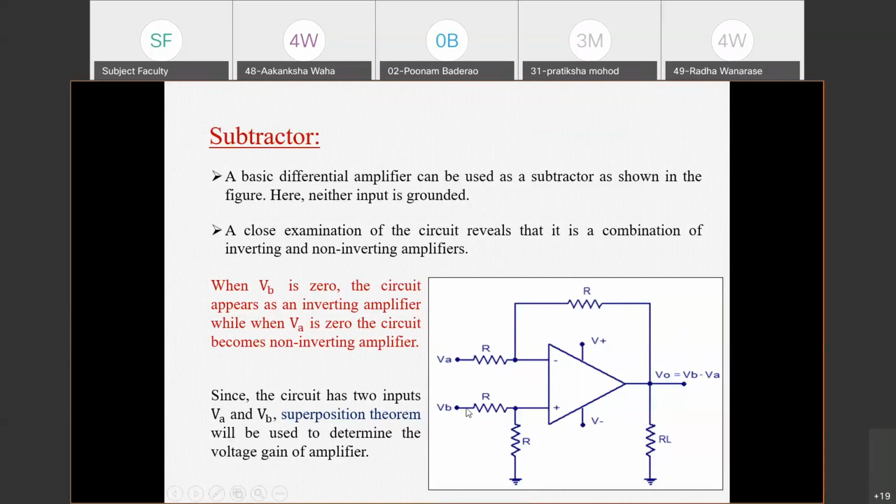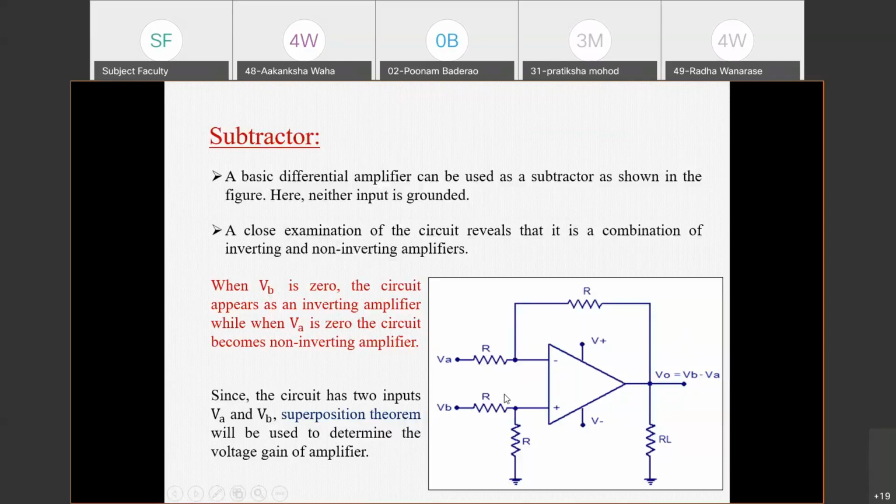Similarly, in the next case, we have grounded VA and found out the output for VB. In this way, we have done this by using the application of superposition theorem. So what does superposition tell you?